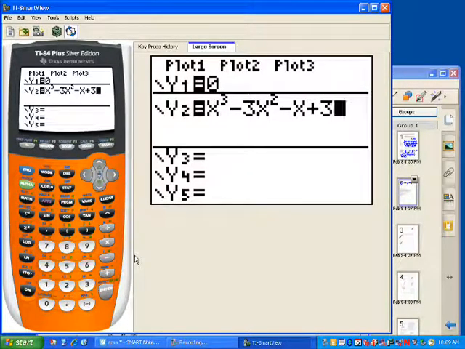And if yours are different than mine, if your 0 is in a different place, then what you plug in next will be different as well. Okay, is everybody plugged in?